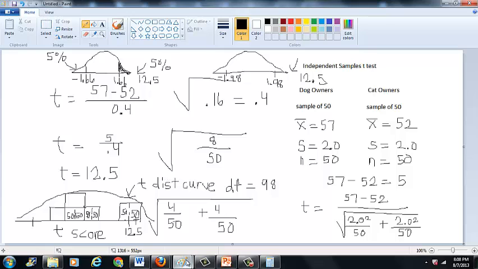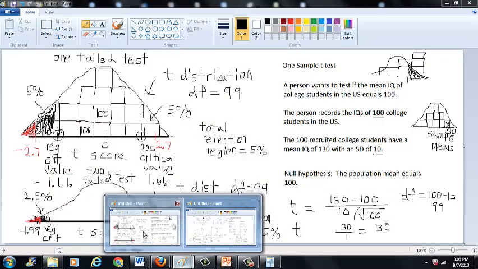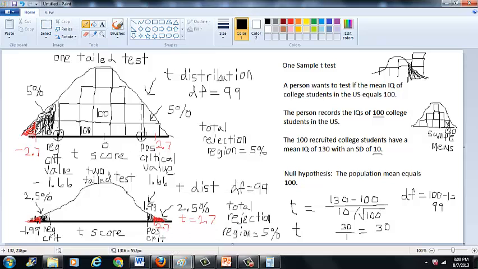So the p-values are calculated the same way. If it's a one-tailed test, the p-value is the percent at or beyond your exact t-score at one end of the curve. In a two-tailed test, it's the percent at and beyond your t-score added to the percent at and beyond the opposite of your t-score.